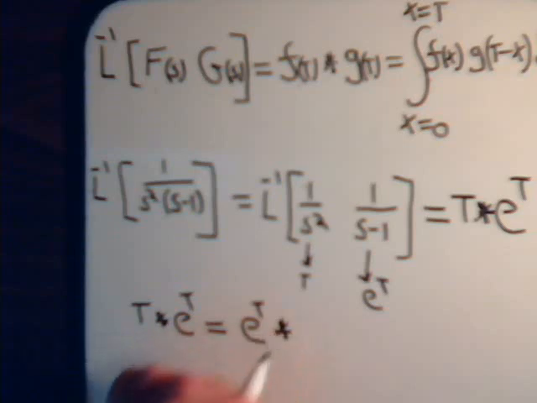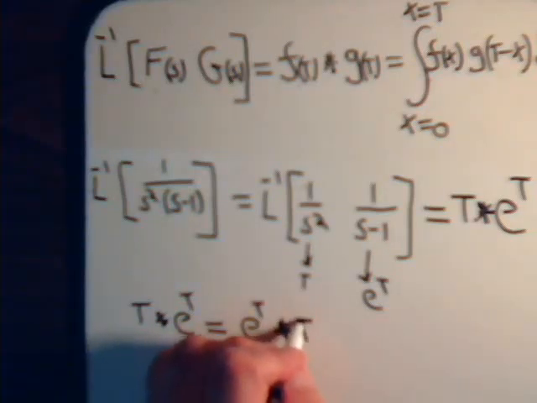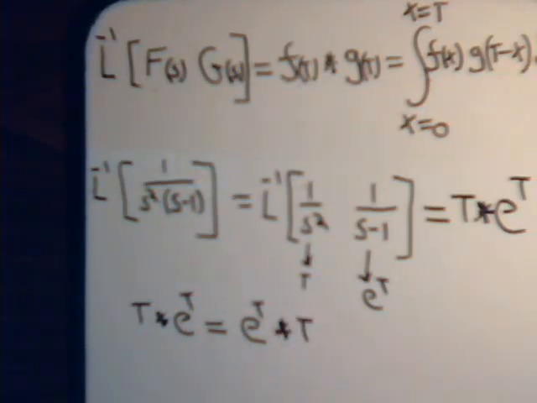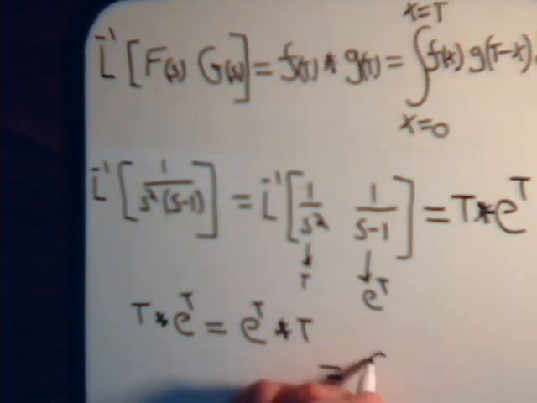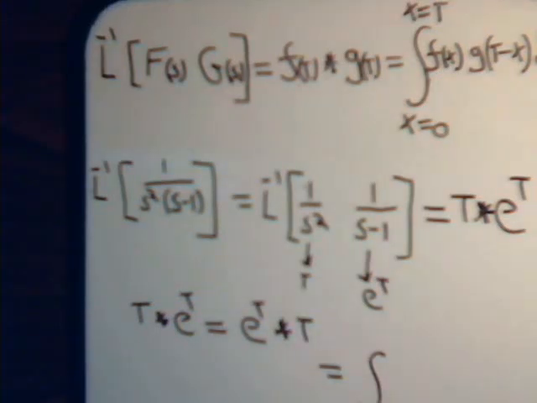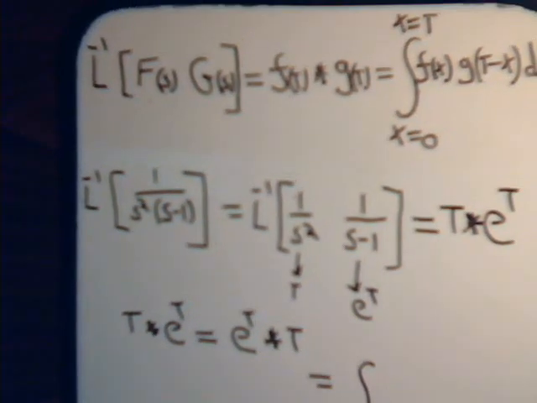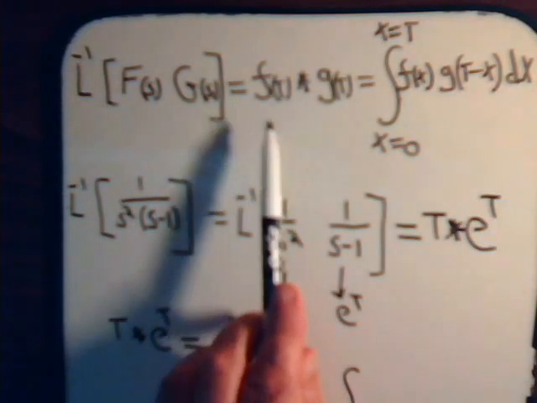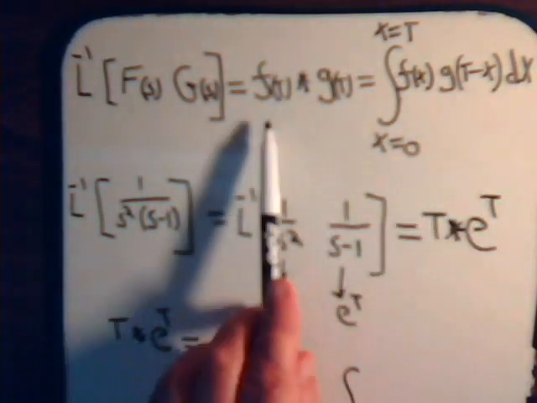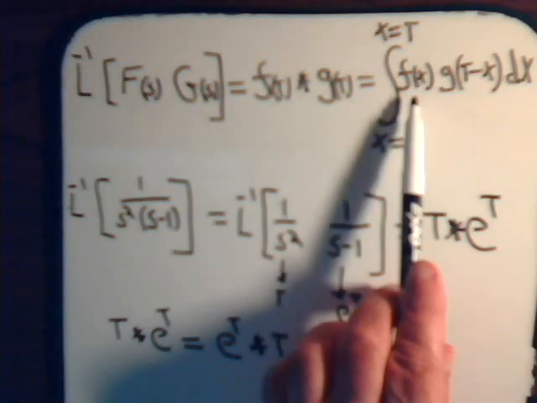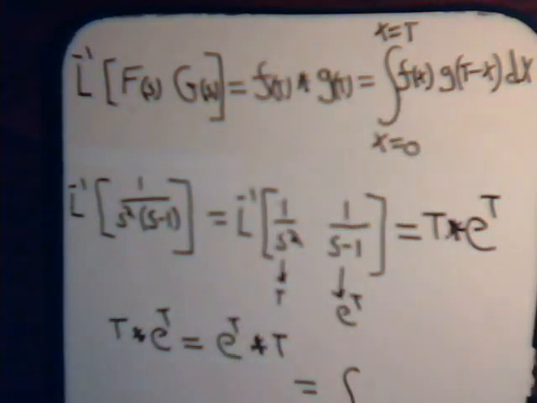We can write them in reverse order, and this is the one that we're going to choose to work with, because to write this in integral form, remember, here's our formula for the convolution operation. f of t is just f of x. e to the t is just e to the x.